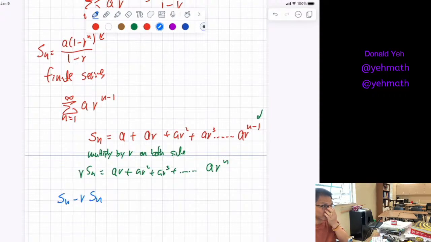What happens if you subtract them? You do get a in the front, but what happened to everything else? It cancels this way, right?